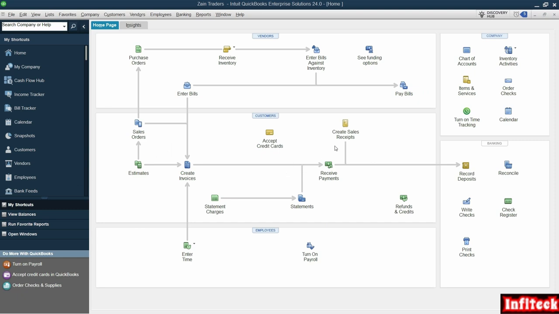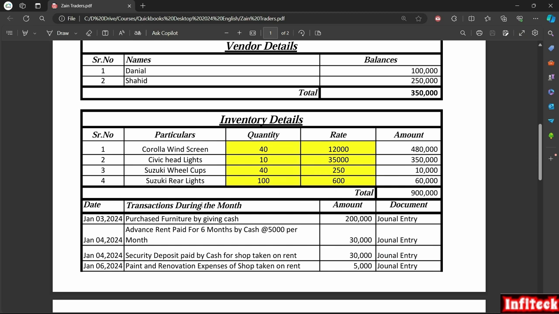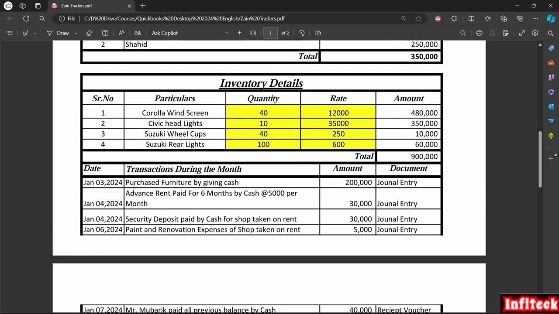Now just remember that trading activities are all handled in the customer and supplier sections. We have the proper area to enter the invoice, sales order, purchase, receipt payment, sale receipts, enter bills. While for the non-trading activities, since they are one-time transactions, we are not buying the furniture every day.